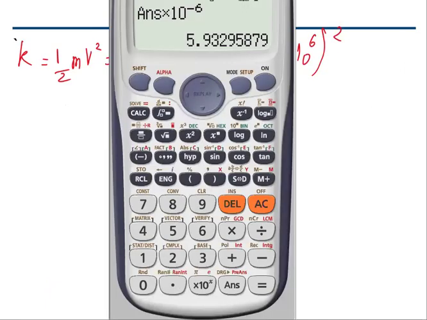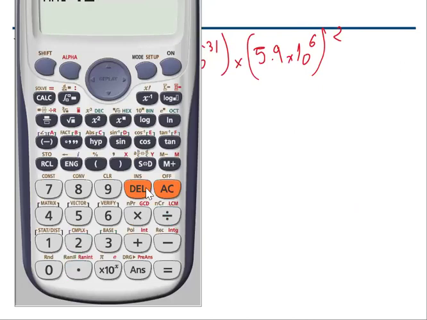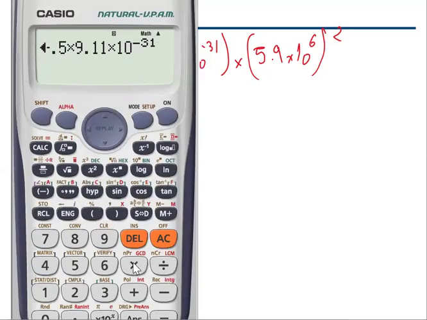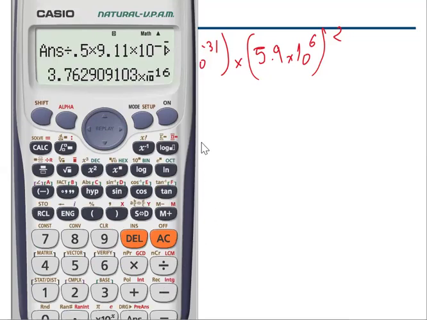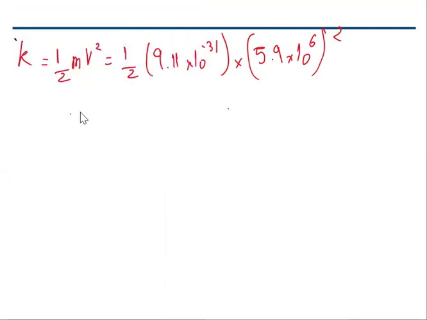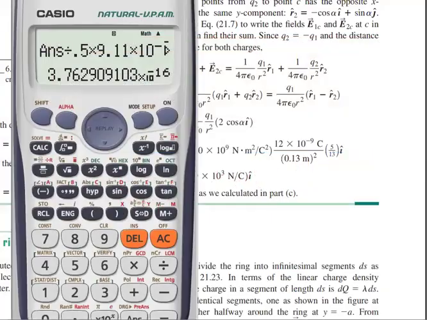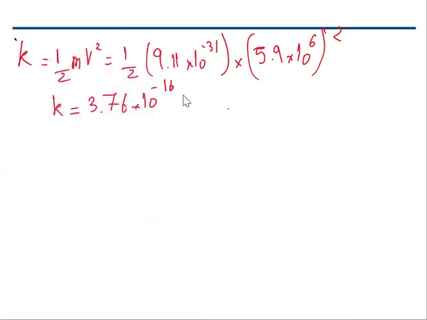So what will be the result? 0.5 multiplied by 9.11 times 10^-31 multiplied by (5.9 times 10^6) squared. The result is 3.76 times 10^-16 joule.